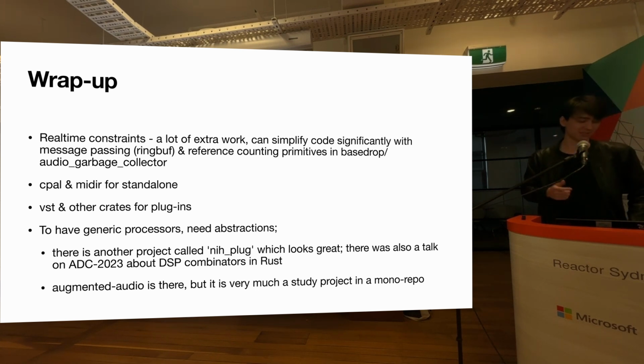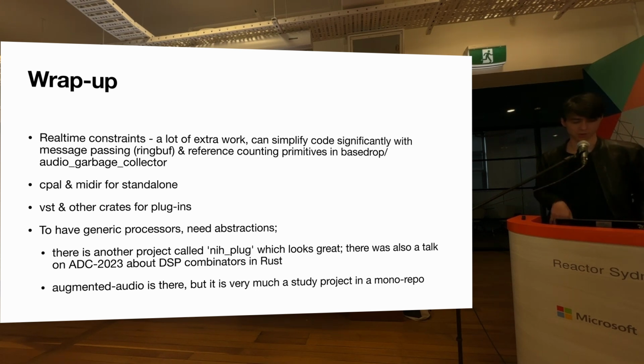So just to wrap up, there are these real-time constraints. You have a lot of extra work due to that. You can probably simplify things with message passing and with the reference counting smart pointers from basedrop. There are some crates for standalone apps like cpal and midir that have been working all right.